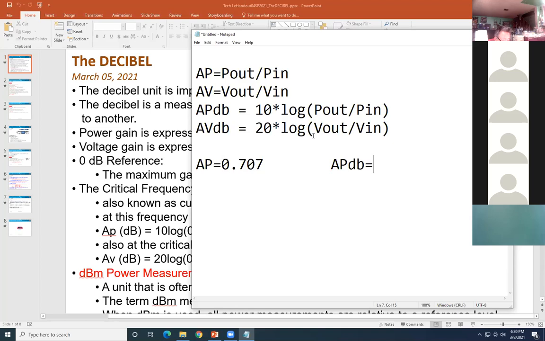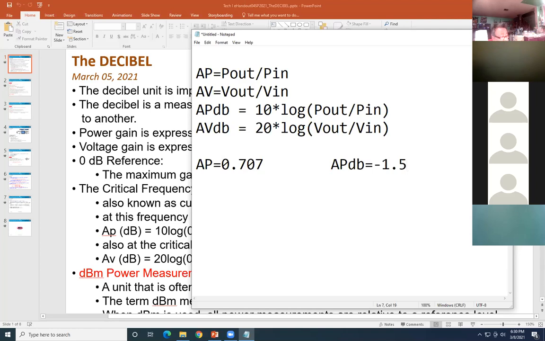Is it minus 1.5? That's what I got, minus 1.549. Is it right? Correct. Okay, the answer will be minus 1.5.